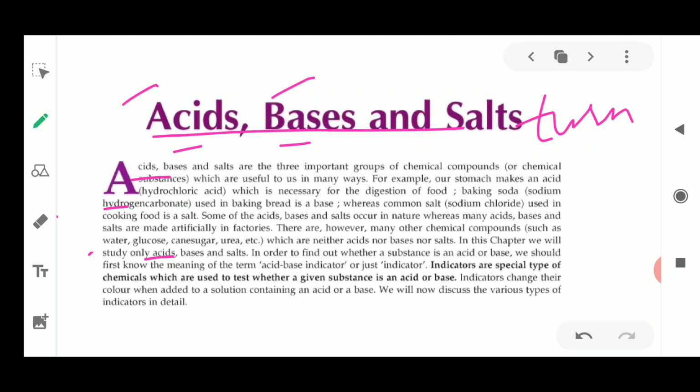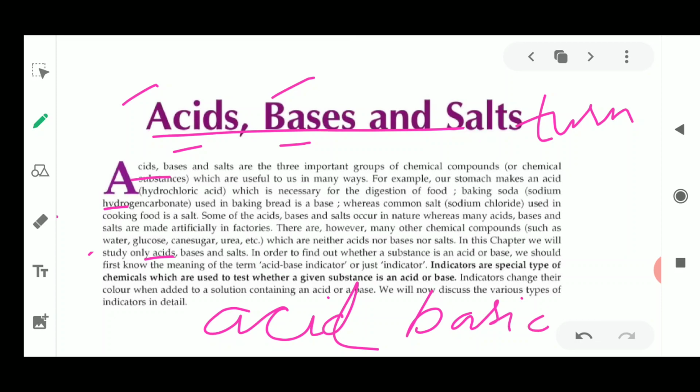Now there is an indicator which is present in this chapter, that is the acid base indicator. How do we know that some substances are acidic in nature and some substances are basic in nature? So we need to know about this acid base indicator. So what do you mean by indicators?